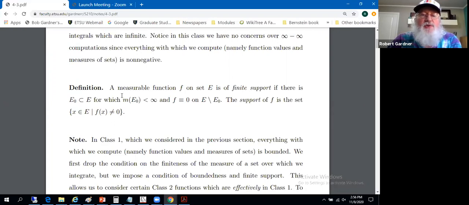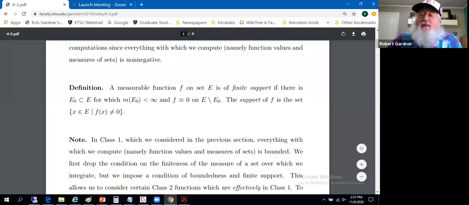So as a definition, a measurable function f on a set E is of finite support if there's an E sub 0, a subset of E, that E sub 0 set having finite measure, and f is identically equal to 0 on the complement of E sub 0, that is on set E set minus E sub 0. The support of f is the set of x values where the function is non-zero.